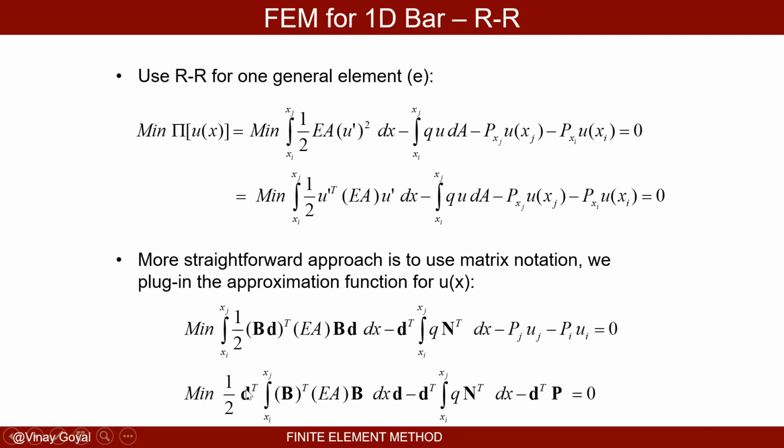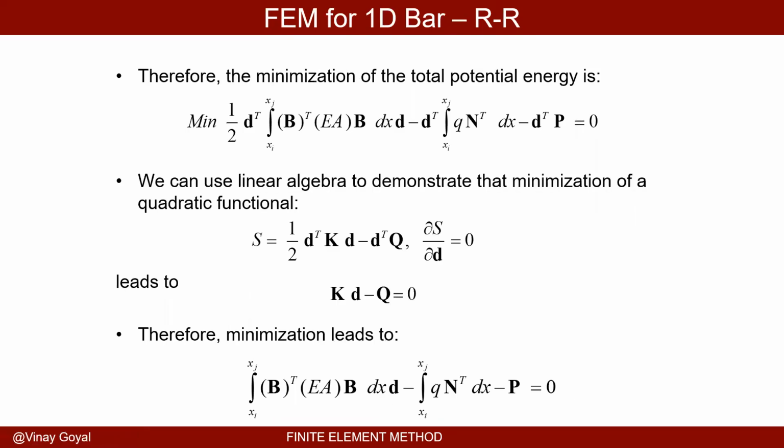Okay, so step by step, I now have to minimize this. And notice how I have d bold outside, which are the nodal unknowns. I already showed you, and in my book I showed the proof of this, earlier for the spring formulation, how the minimization of the total potential energy works when you have a situation like this. Using linear algebra, we can demonstrate that for the minimization of a quadratic function that looks like this, if I take the partial of pi with respect to d, one of the d cancels out.